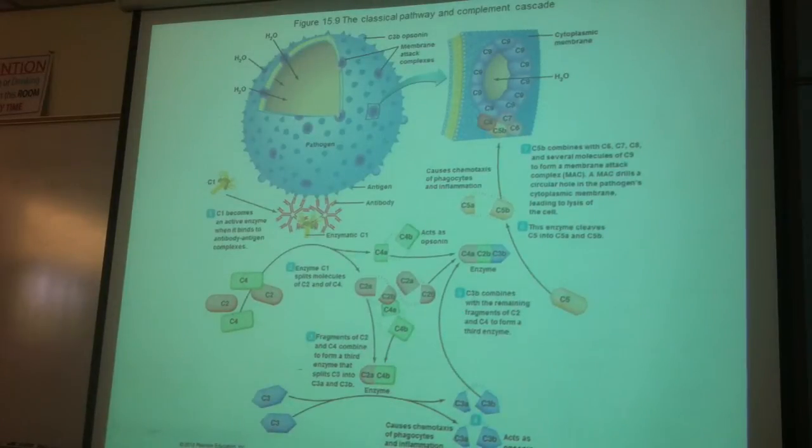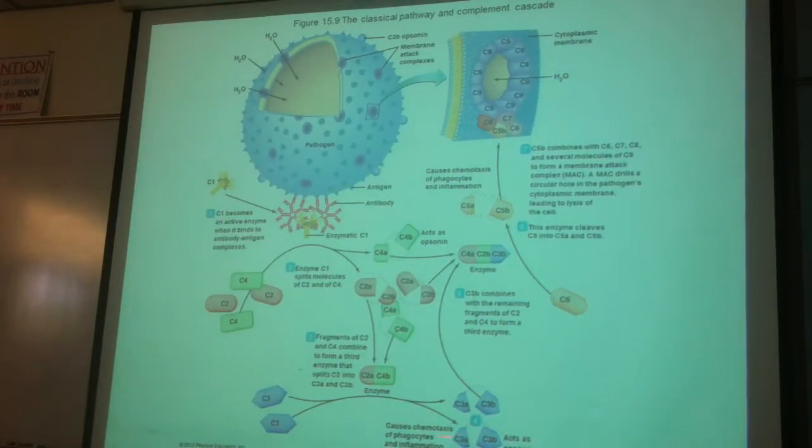So this is where they're showing the classic complement pathway. You have your antibody, and C1, an active enzyme when it binds to the antibody-antigen complex, cleaves other enzymes, and so you start getting this cleavage. The fragments come together and form this third component, which causes chemotaxis, phagocytosis, and inflammation.